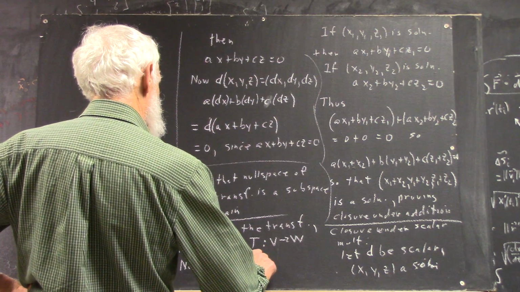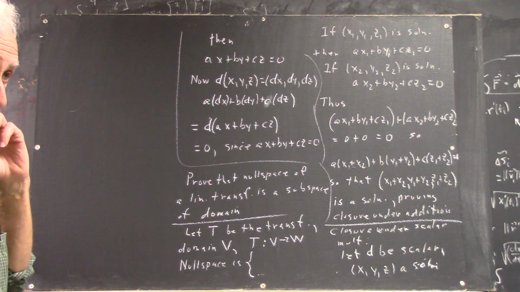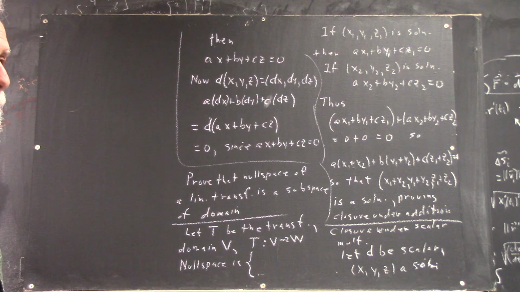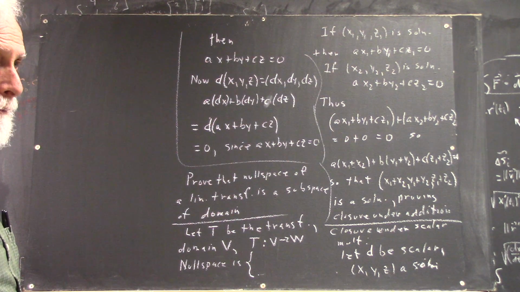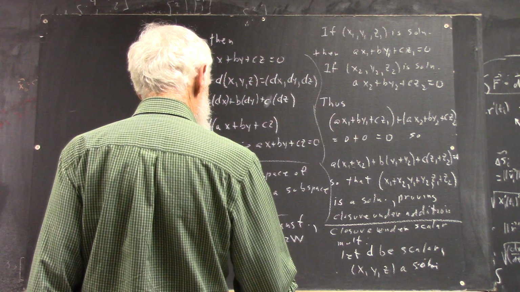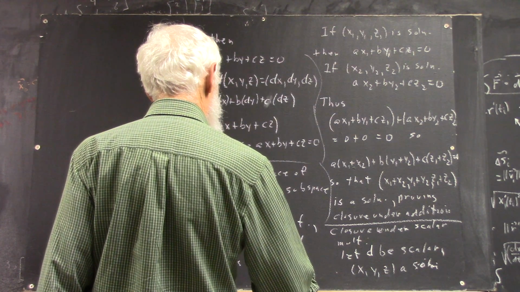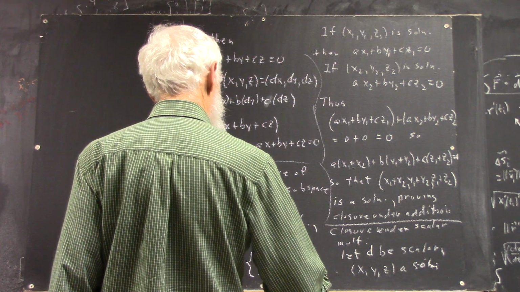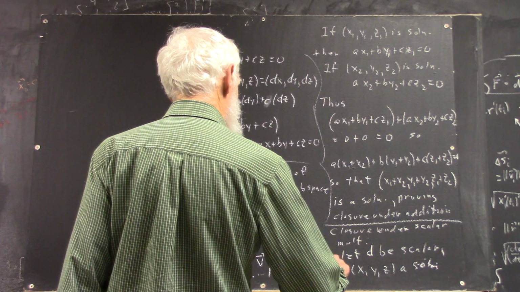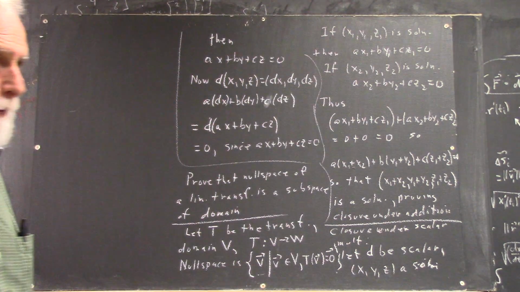Null space. How would I express null space in set notation? Well, I'm just going to write it out. It's a set of vectors V such that T of V equals 0, okay?